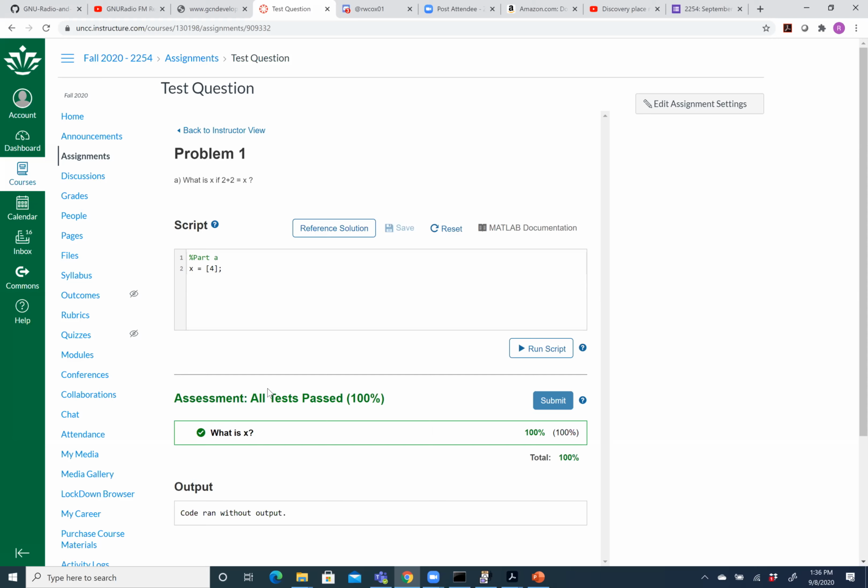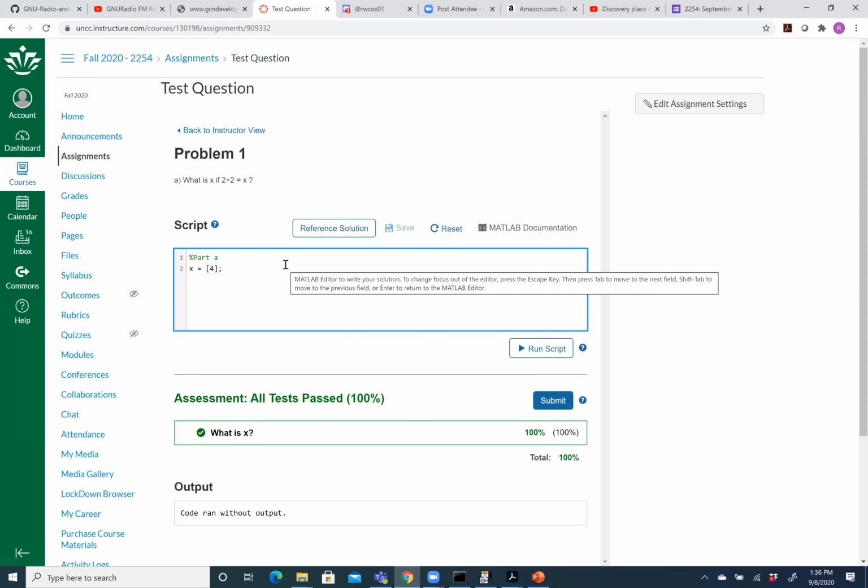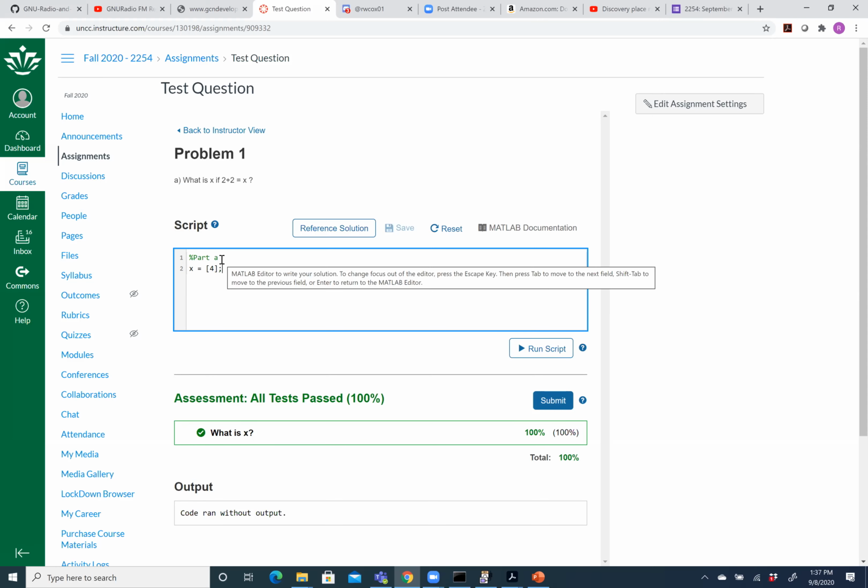You could basically write stuff in MATLAB and then upload it in here. We're going to talk more about MATLAB on Thursday, and I'm going to upload a video that walks you through an example problem of how to do this. This is the way we're going to do this moving forward.